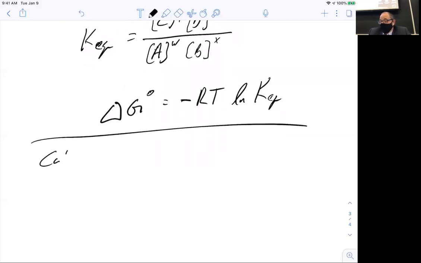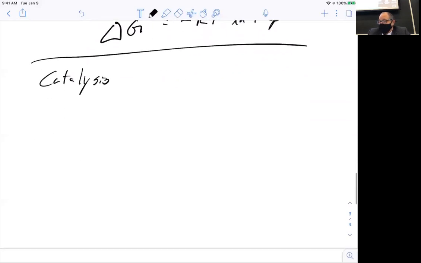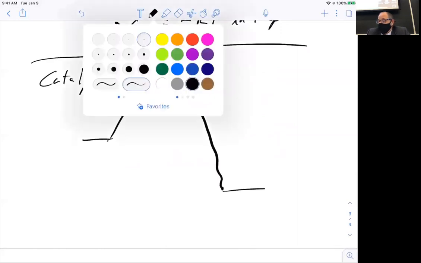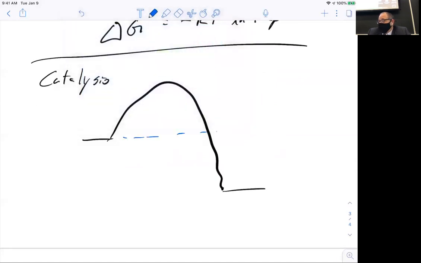Let's touch a little bit more on catalysts. Specifically here, I just want to draw the diagram. So if we look at our original reaction, we have our delta G transition state.